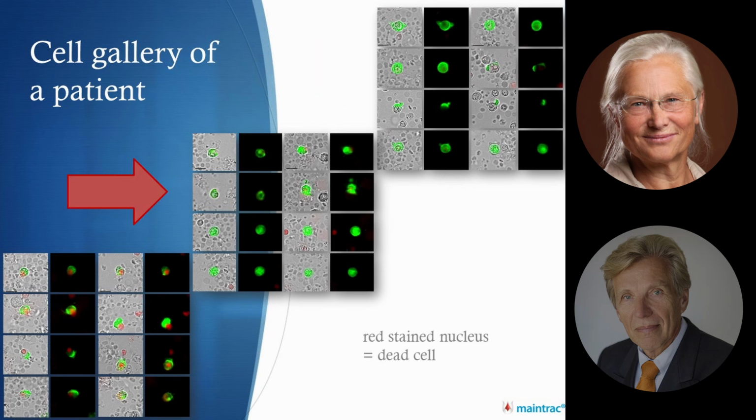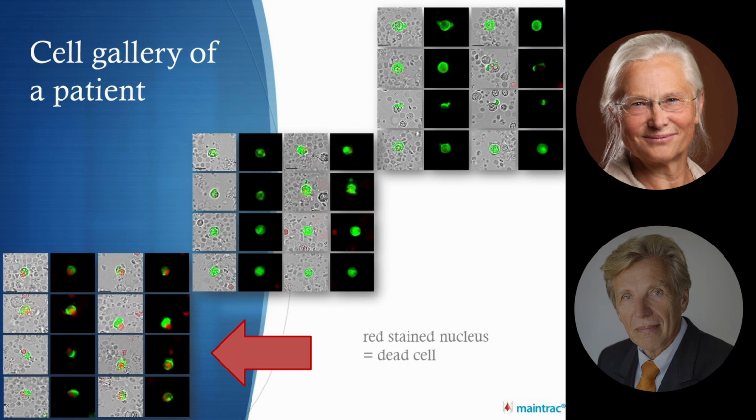In the middle gallery, those are cells that also are green stained, but they do not have a nice detectable nucleus, so we avoid them. And in the left lower gallery, those are the cells which we see are dying because their membrane is porous, and a red fluorescent dye can enter and stain the nucleus.